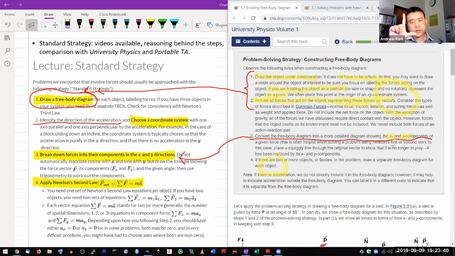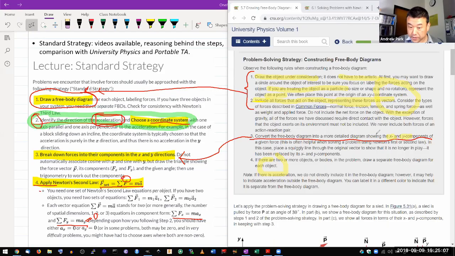But very commonly, especially in this class, you will have situations where it's more convenient to use axes that are tilted. That's the reason we break out step number 2, so that we are encouraging you to give some thought to how you choose your X and Y axis. So that's step number 3.